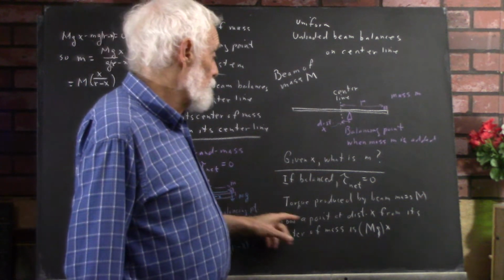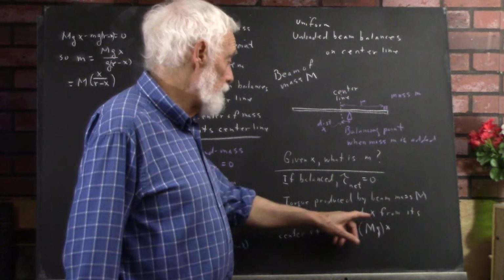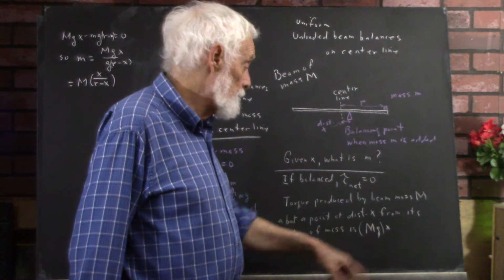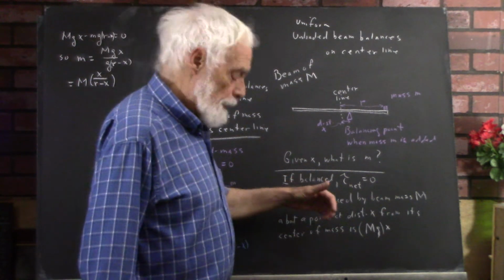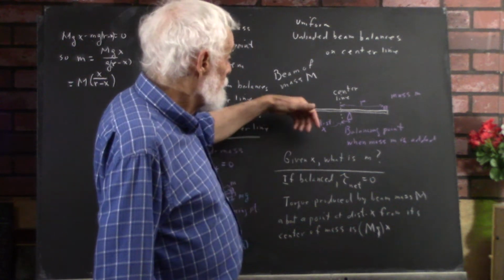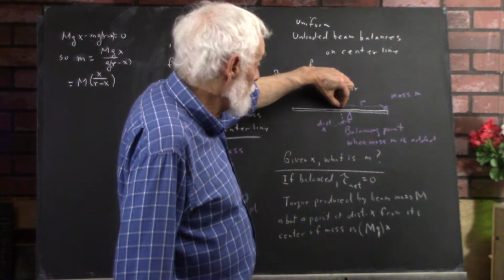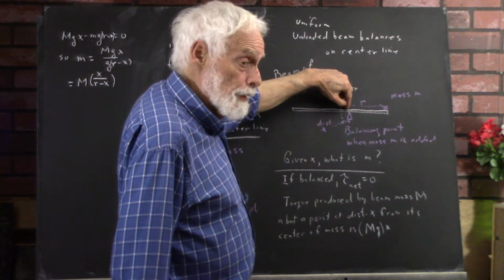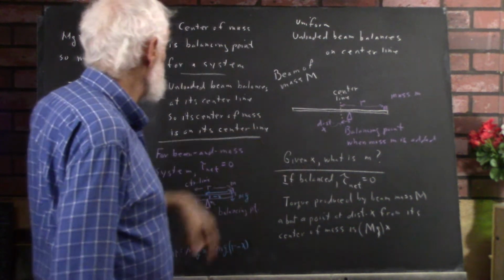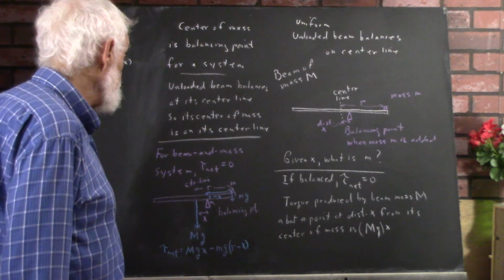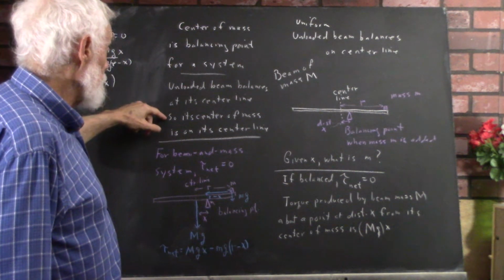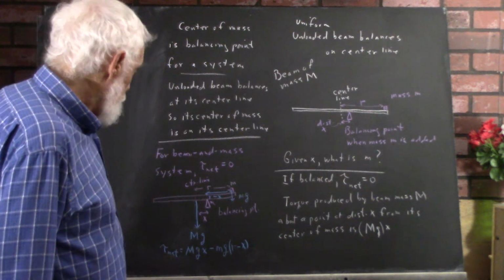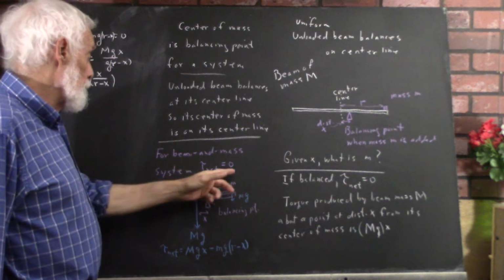Now the torque produced by a beam of mass M at a point distance x from its center of mass is Mg times x, because the mass of the beam acts like it's all concentrated at the center line as far as producing torque around a point off of the center line. The center of mass is a balancing point. The unloaded beam balances at its center line, so its center of mass is on the center line.